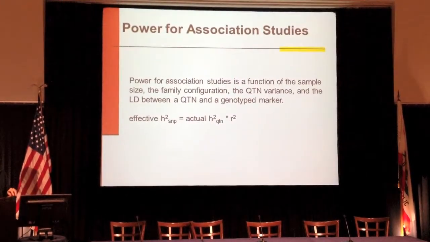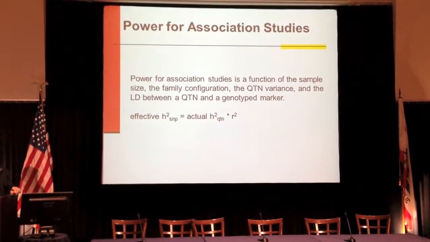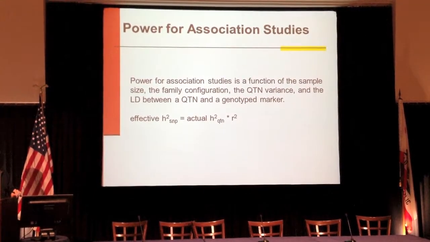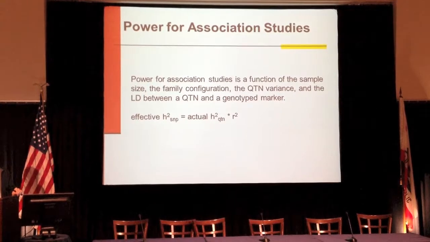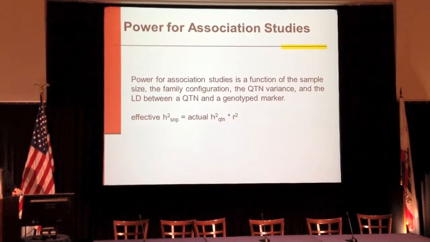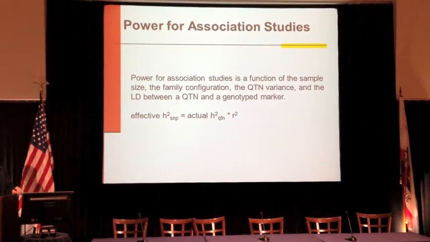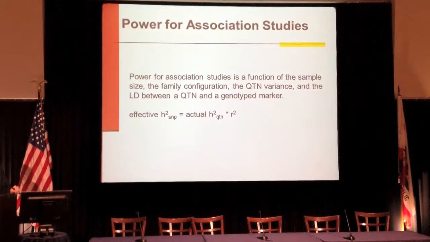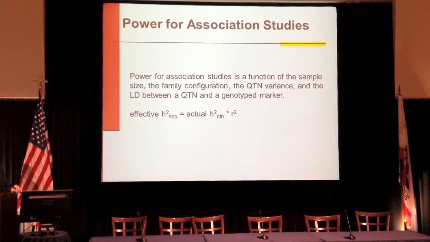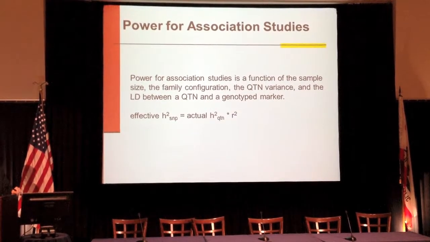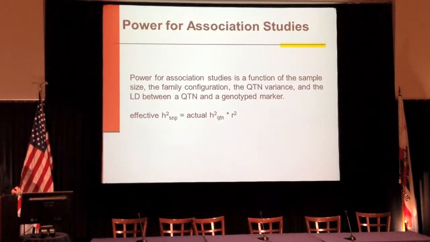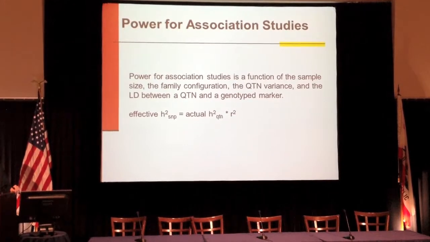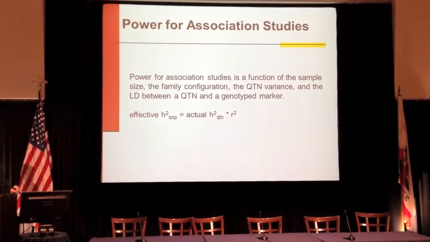And then you perform the association analysis, and the power for the association studies, of course, is a function of the sample size, the family configuration, the QTN variance, and the linkage disequilibrium between QTN and a genotyped marker. When we genotype with a GWAS panel, we typically genotype with a very coarse resolution.